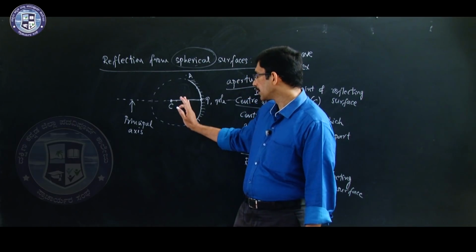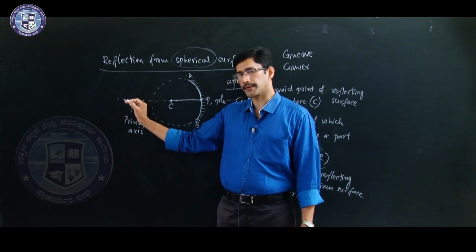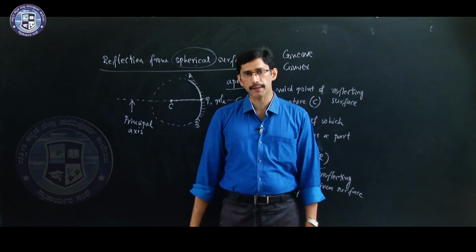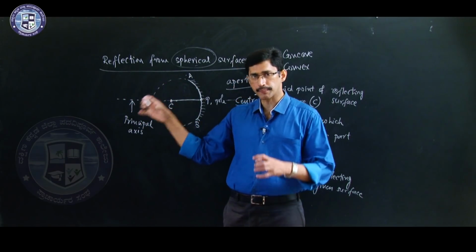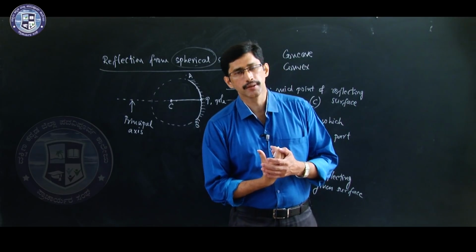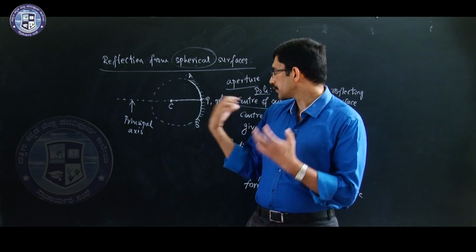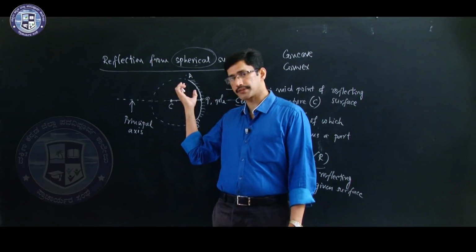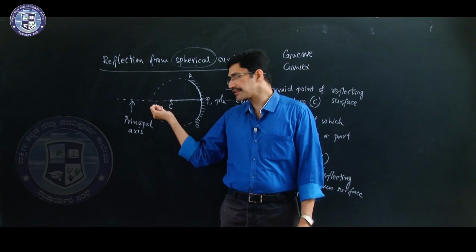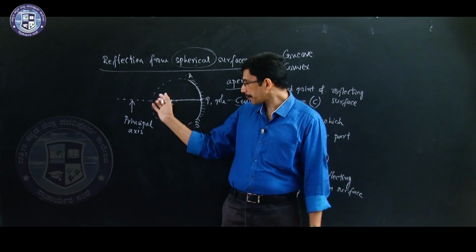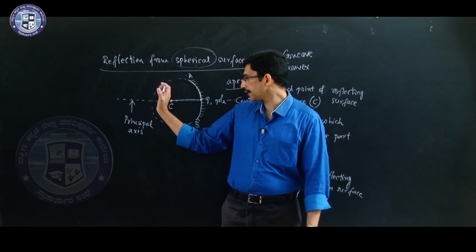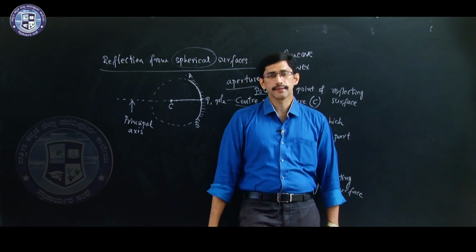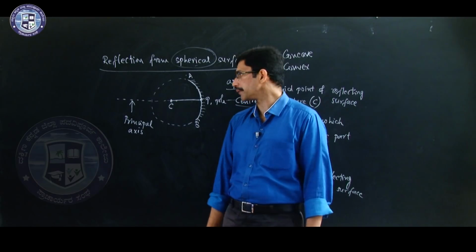Now, suppose an object lies along this principal axis and the reflection takes place. If the reflected rays meet at a particular point after reflection, a real image is formed, and if they appear to meet at a particular point, then also image formation takes place.